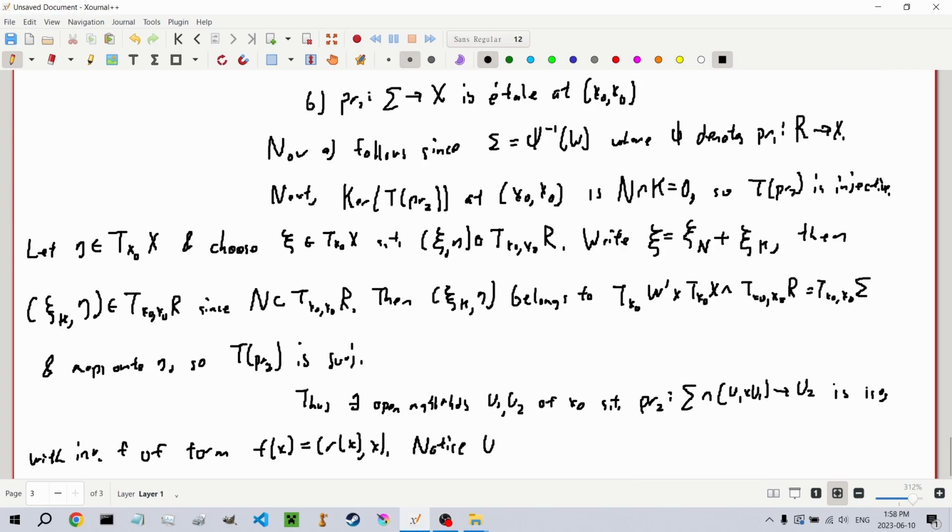Notice that U2 has to be inside of U1, and that if some x is in both U2 and W prime, then r of x has to be x.